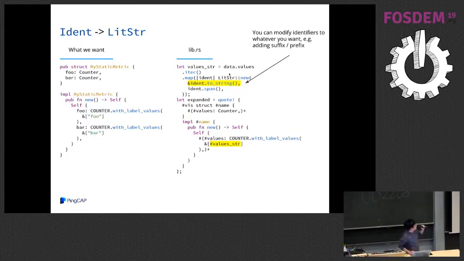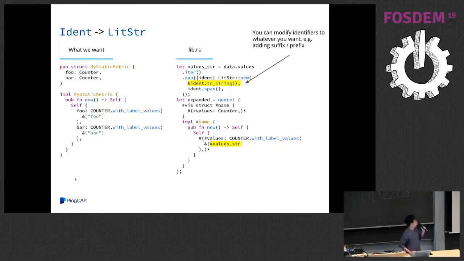As you can see, data.values.iter().map. Then I will get every identifier. Now I will create a string literal using LitStr::new. In this string literal, I just copy the content without modifying it. And actually, you can modify the content. For example, you can concat, or add a prefix or suffix, whatever you want. It's just fine. So you can freely manipulate this identifier and create a string.